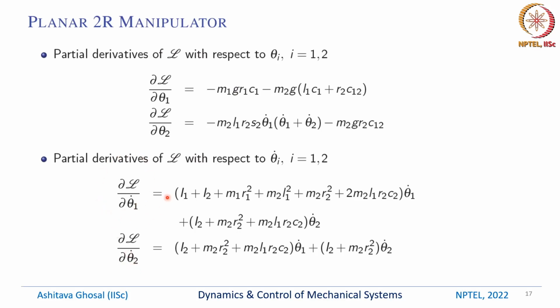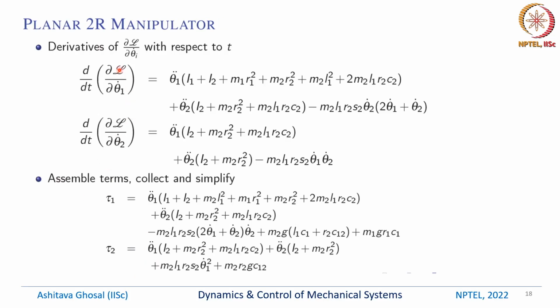And then we have to take the time derivatives of these two quantities, which is what the Lagrangian formulation says you have to do. So we take the time derivative of the partial Lagrangian with respect to theta 1 dot, and when you take the time derivatives, you will get some terms containing theta 1 double dot, but then we also have time derivatives of C2.